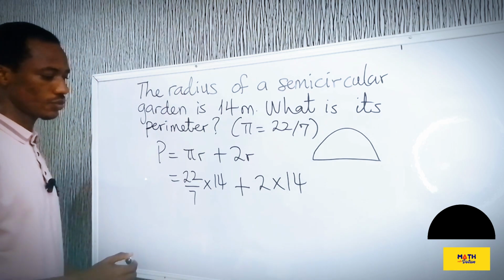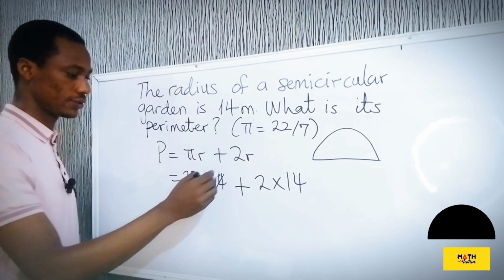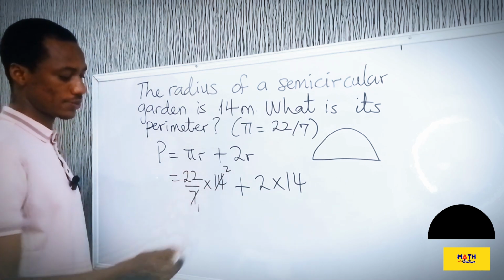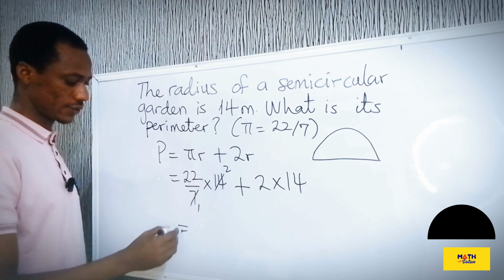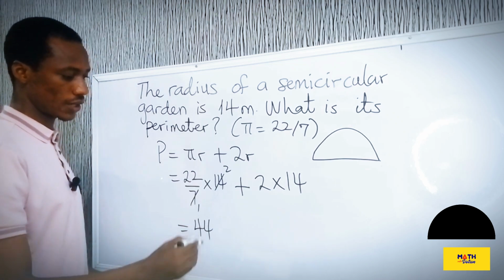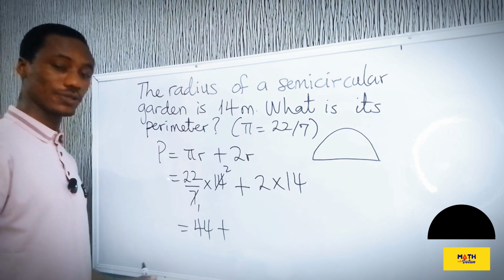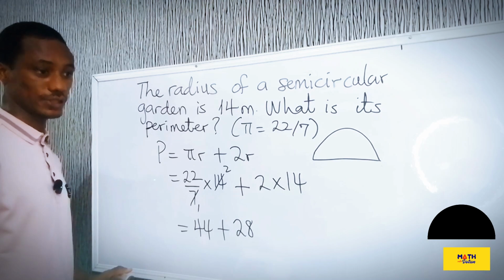Okay, so here we know 7 goes in 7 once and in 14 twice. So we have 22 times 2 over 1, and 22 times 2 is 44. All right, plus 2 times 14. 2 times 14 is 28.